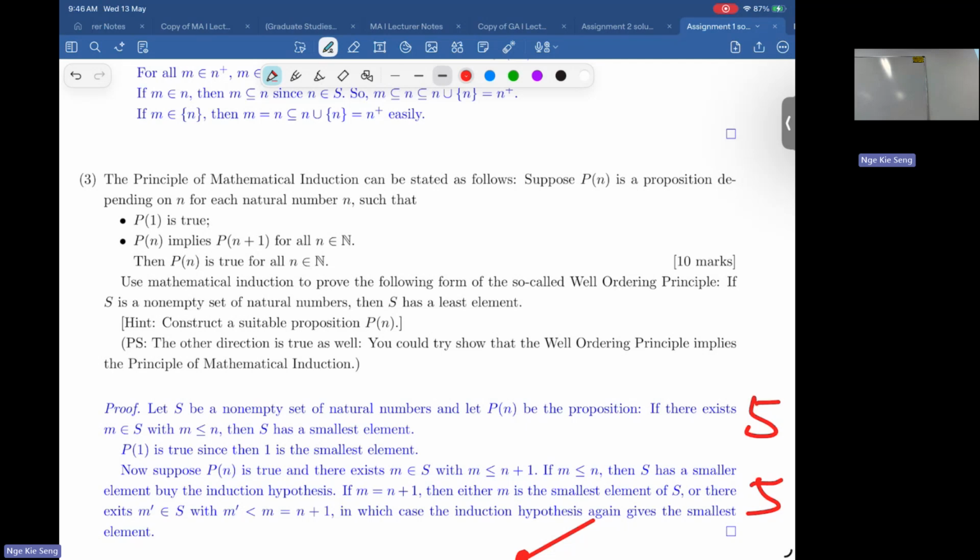The question says that if S is a non-empty set of natural numbers, it could already be infinite. If you prove it for all n, for each n you can pick, you can find the smallest one. But this is like I give you infinitely many things and you pick one for me. So this is more than a set with n elements. Does it make sense? If you just show it for every n, every time you are just finite. But this question includes the infinite case.